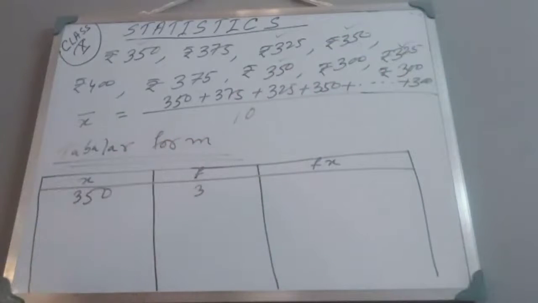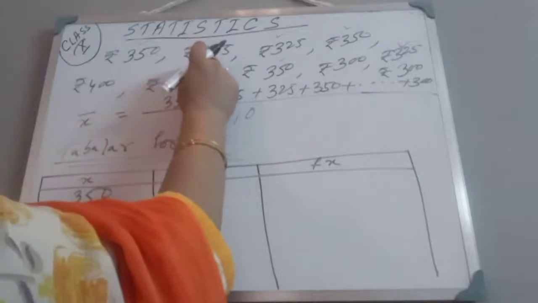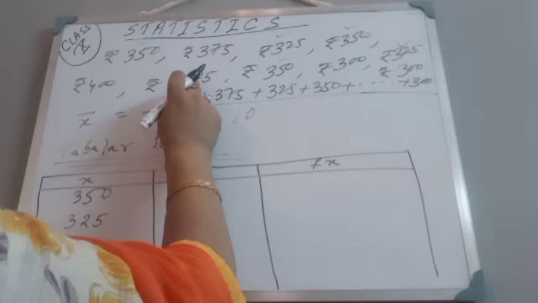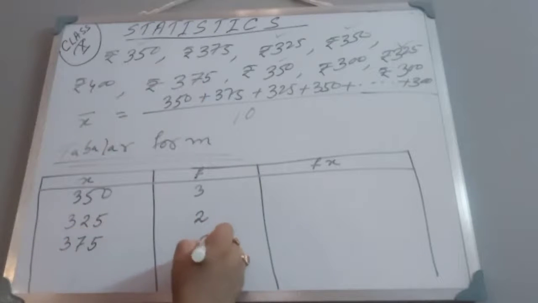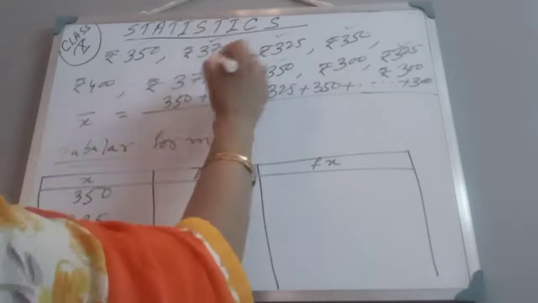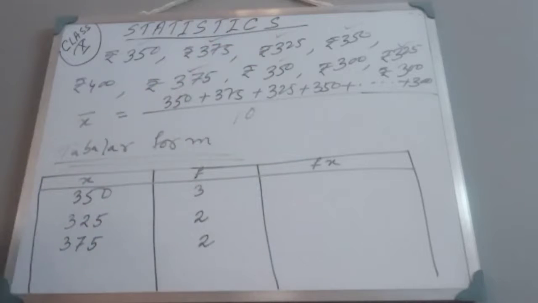We have taken 325 two times. Next is 375, 1, 2, two times.